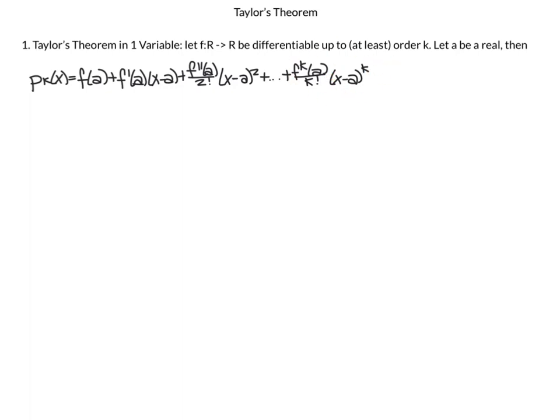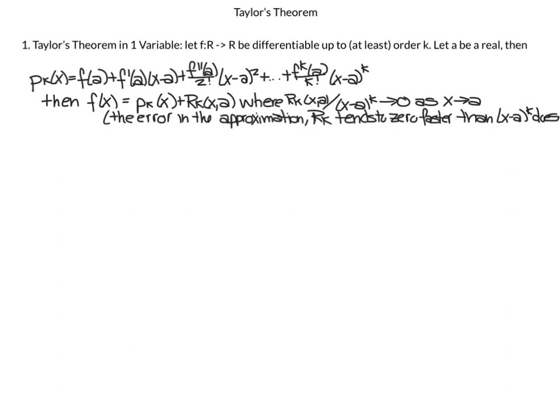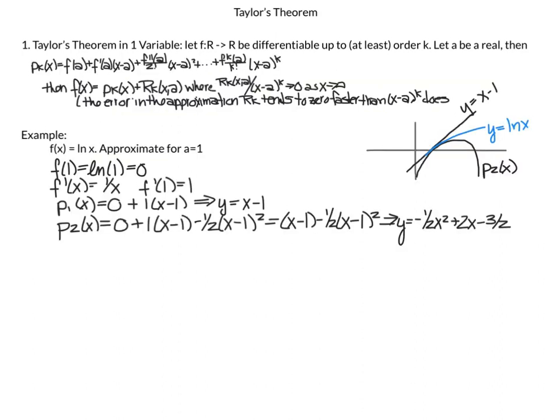So we could get a kth degree approximation. And if you go out to the kth term, your function is equal to Pk plus a remainder, or your error, and that would be your k plus first term. We can use these ideas to do this example.